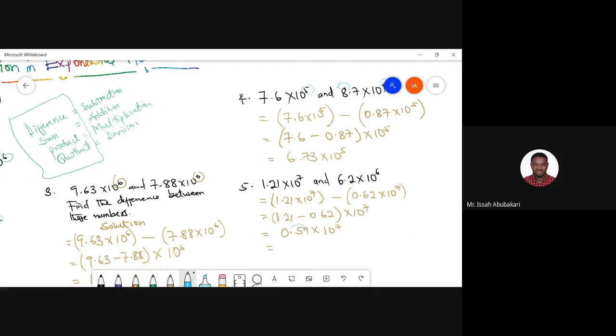And moving it there becomes negative. So we are going to subtract from the power. Therefore, we are going to have 5.9 times 10 power 7. Because we move it to the right, it becomes negative. How many times did we move? We moved only one time, so 1. And at the end, 5.9 times 10 power 6 becomes the final answer.